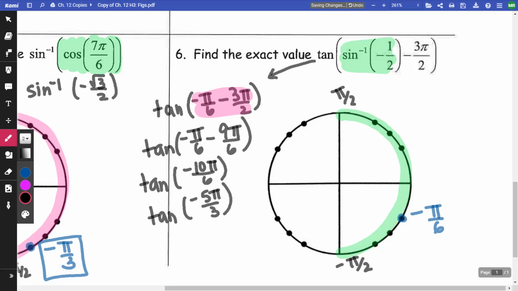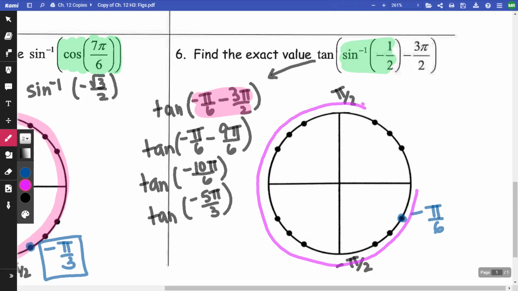So now I'm not looking at tan inverse. I am looking at my tangent, and I want tangent where it is negative 5 pi thirds. If I'm thinking of a negative 5 pi thirds, I'm going this direction. This would be a negative 3 pi thirds all the way to a negative 5 pi thirds, which is going to be right here.